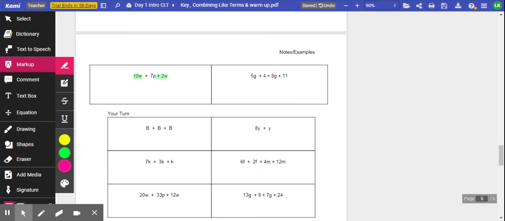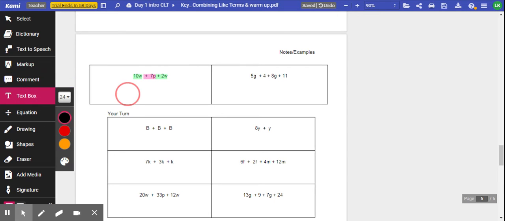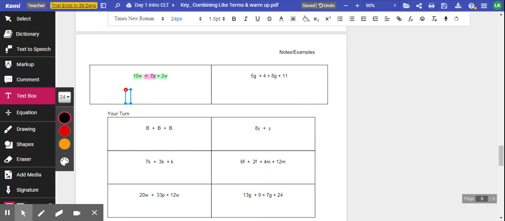And this one doesn't have a like term. So that one's not going to be able to combine with anything else. And that's okay. It doesn't have to. So let's combine the ones we can. 10W and 2W make 12W. And then the 7P comes along for the ride. Put a space here if you want. Helps you see things better.